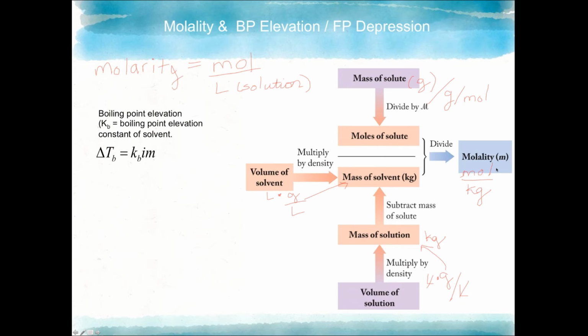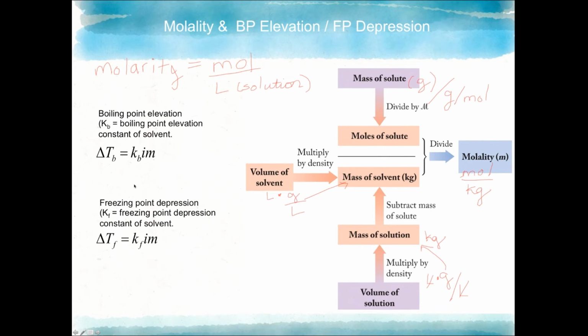Okay, so looking back at our equations for calculating these two colligative properties, boiling point elevation is going to be a temperature change from the normal boiling point of a pure solvent, and that's going to be equal to the boiling point elevation constant times the Van 't Hoff factor for that solution times the molality of that solution.